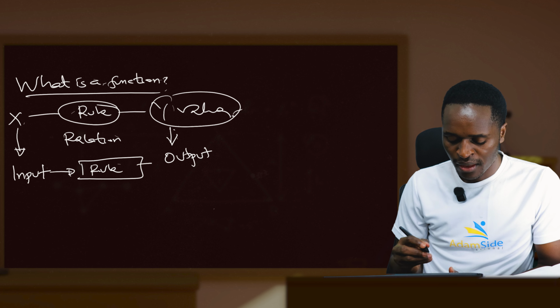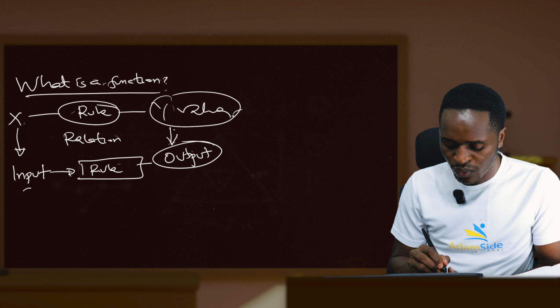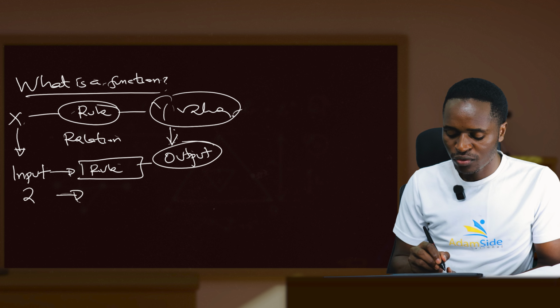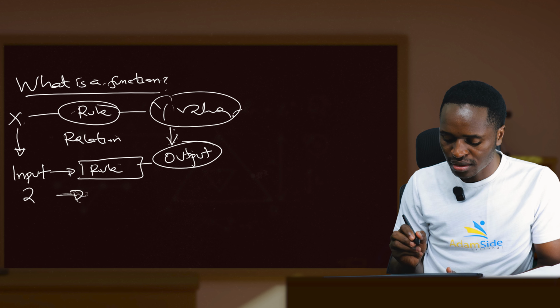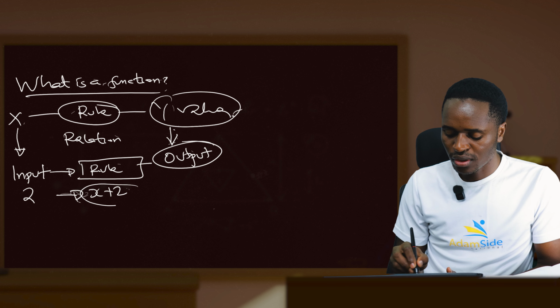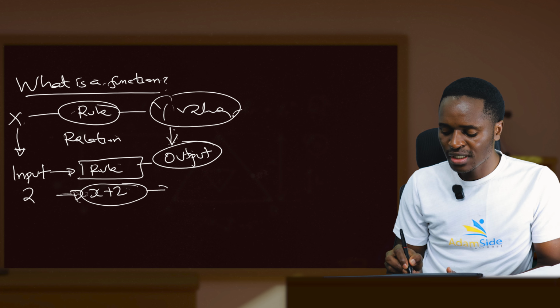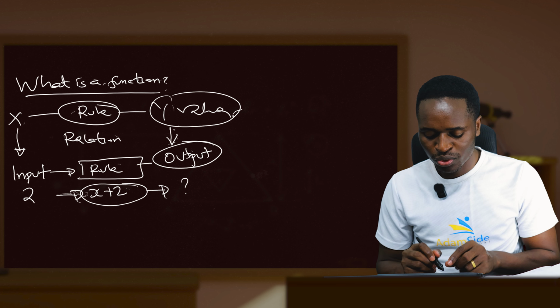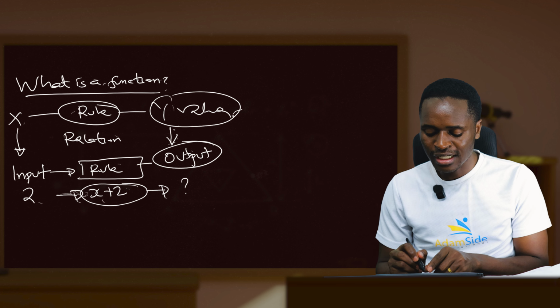For example, let's say we have our input as 2, and then we have a rule, say x plus 2. Our rule is x plus 2. We need to get our output. So we input 2 into the rule x plus 2.